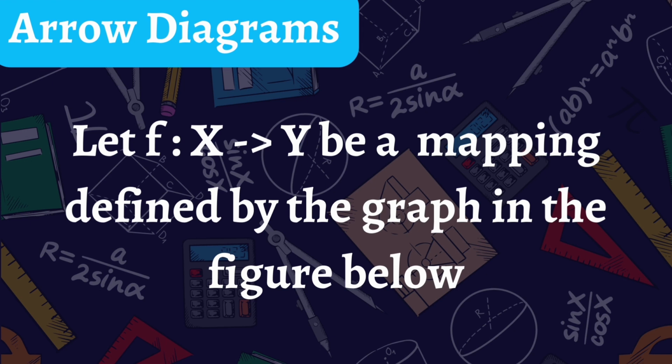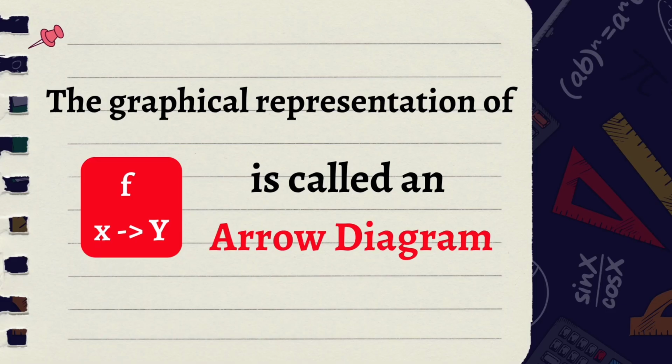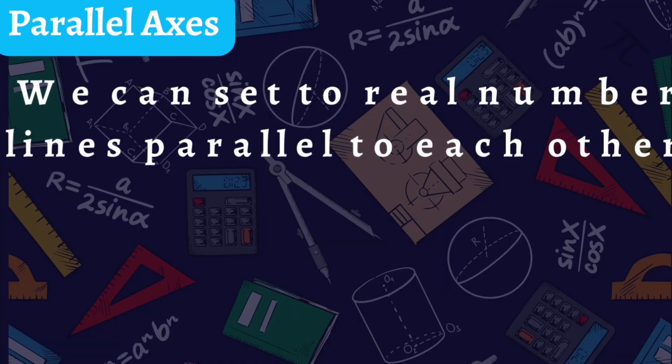We can use arrow diagrams to illustrate this relationship and show how each element in the domain connects to elements in the range. Of course, we are familiar with this kind of representation, and it is called an arrow diagram.